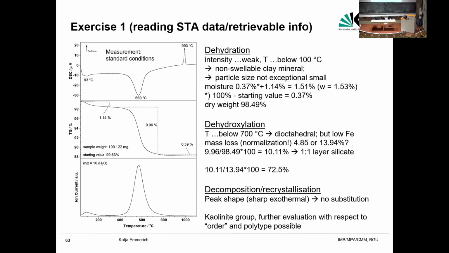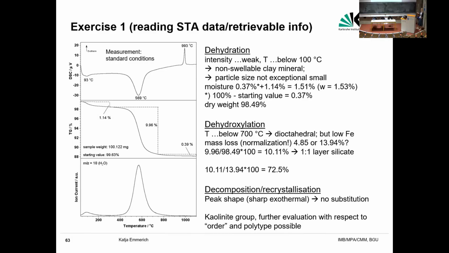If you remember these calculations, even for the montmorillonite, there are no water molecules from hydration of the interlayer cations for these stoichiometric calculations. Anyway, as the moisture or water content are very low, if we normalize this mass loss, there's a small change from 99.6% to 10.11, but still it's much higher than 4.85, so it must be a one-to-one layer silicate.